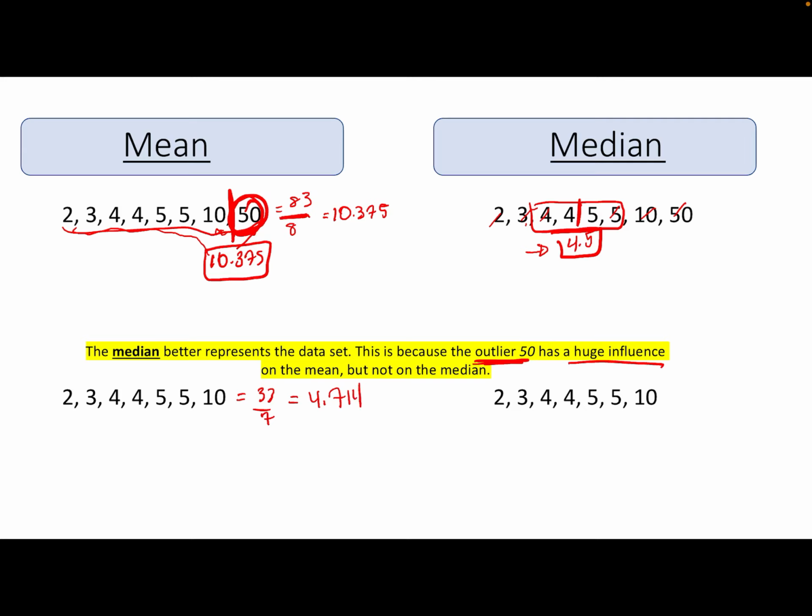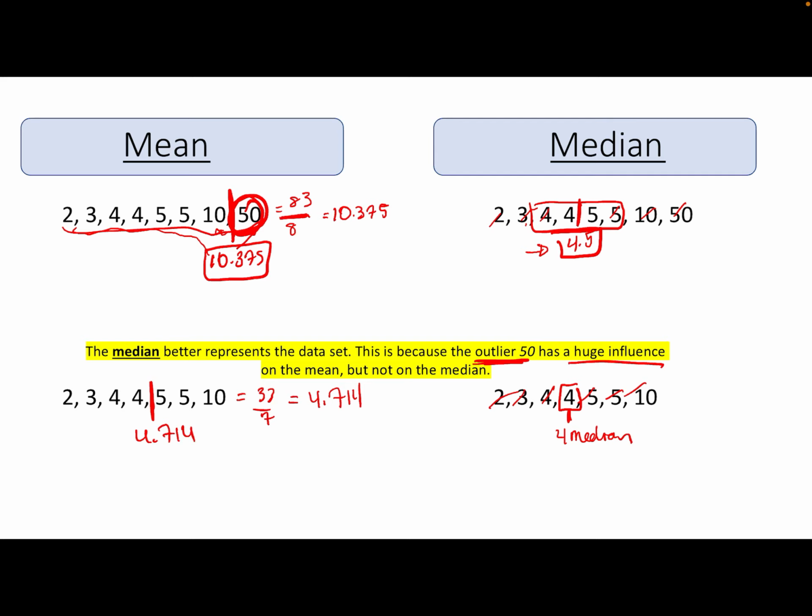That mean has gone down so much with that outlier removed. Now I'm going to find my median. I'm going to cross off until I get to the center, and now my median is 4. Now my mean is 4.7.